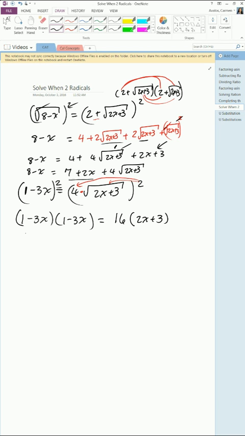So here we are distributing, and so we end up with 1 and then minus 3x minus 3x plus 9x squared equals 32x plus 48. Okay.